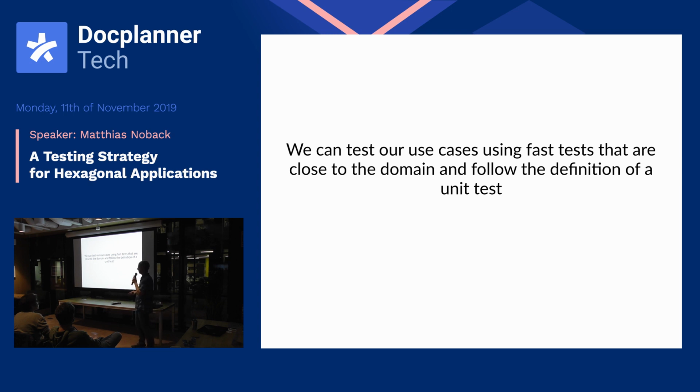At least they follow the kind of definition of a unit test, where all of these characteristics that we mentioned in the beginning are true about most of the code, or actually all the code that is living inside the hexagon. So that's a very interesting thing. We can now not only write unit tests for our units, but we can also write unit-like tests for our application as a whole, for the use case as a unit. Pretty interesting.